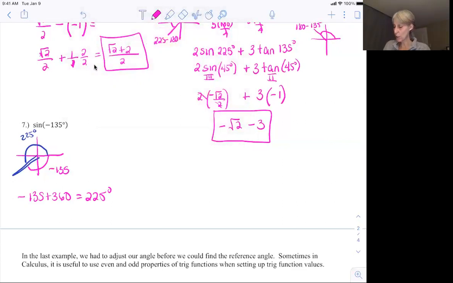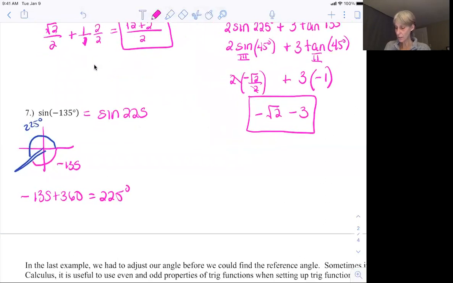So if it's easier for you to adjust the angle first, that's fine. In a second, I'm going to show you a different method. Now we would find the reference angle, 225 minus 180. We're setting up the sine of a 45-degree angle in quadrant 3. Ratio, adjust the sine.